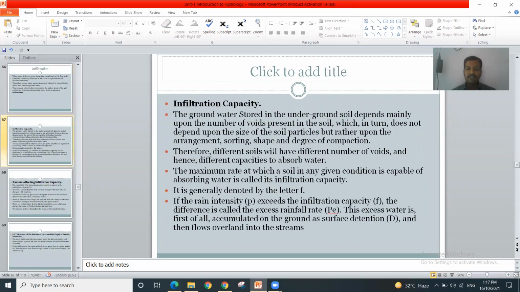It is the maximum rate at which the soil in any given condition is capable of absorbing water. The maximum capacity of the soil that will absorb the water.